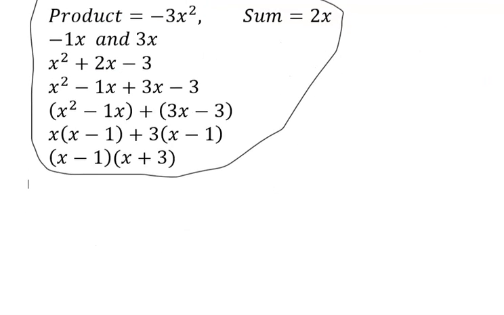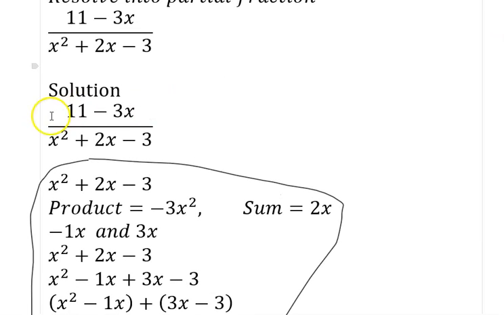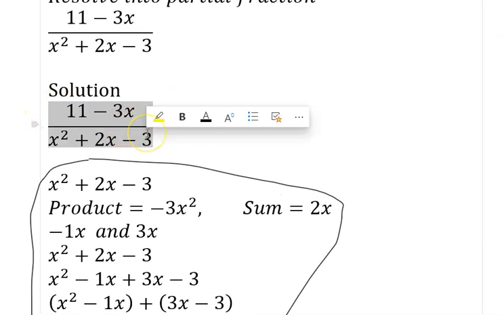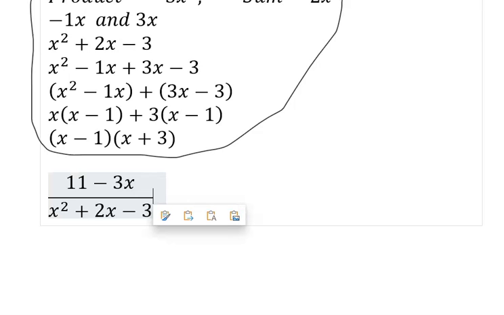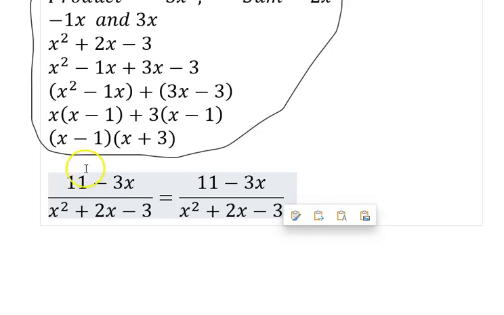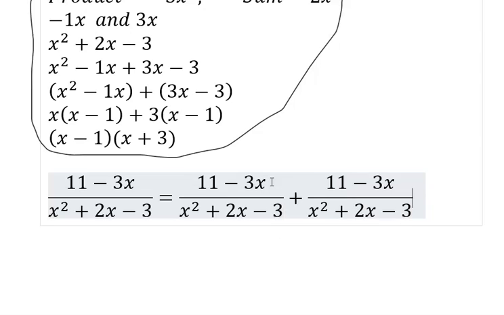So now that we have our factorization out, we can now work on this to buttress my point earlier. Beautiful. So with this now, we can now say, okay, let me put this here to explain what I'm actually saying. Beautiful.